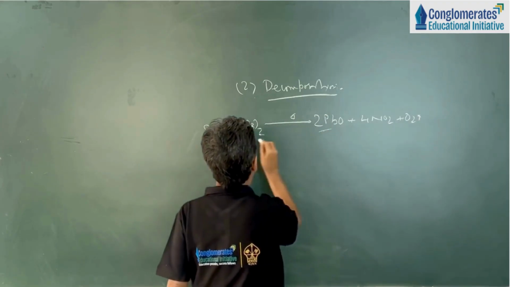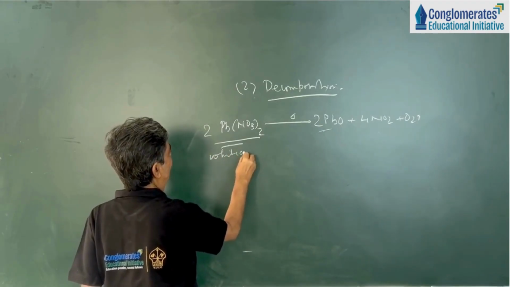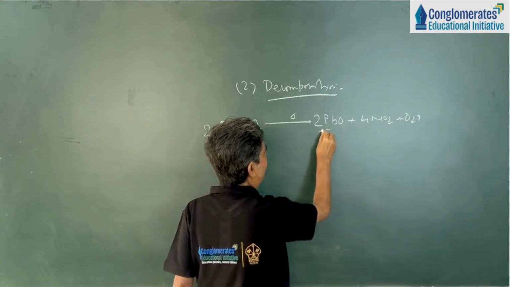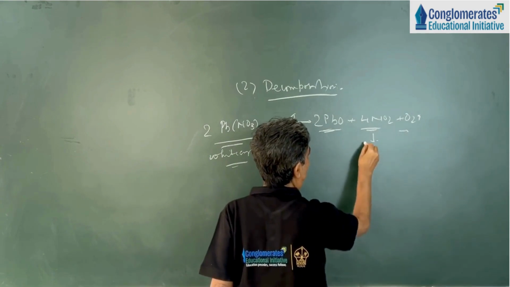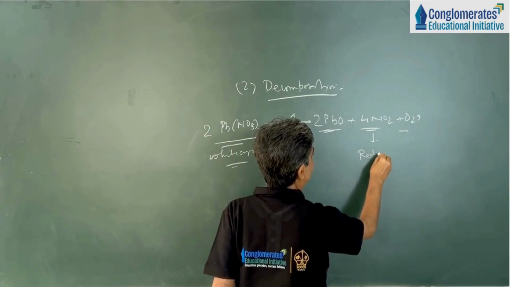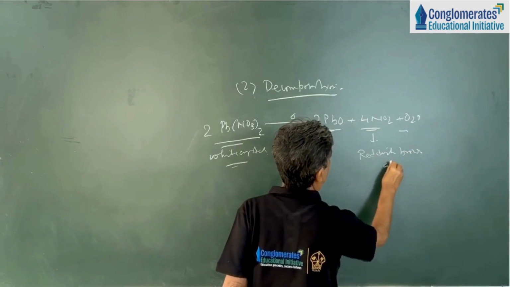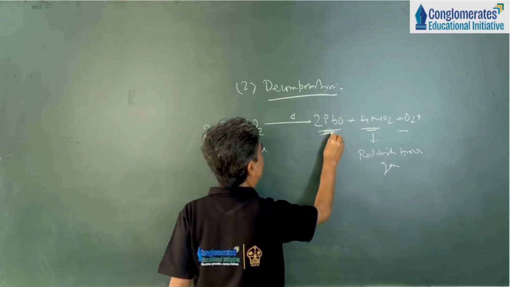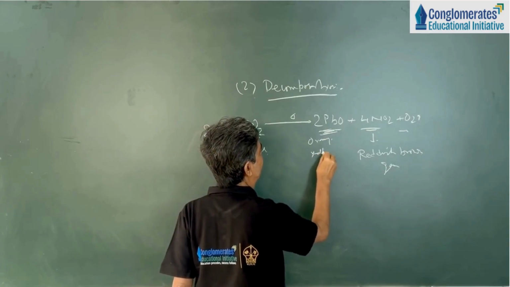Now, lead nitrate is a white crystal. On decomposition, we get lead oxide, nitrogen dioxide and oxygen. Now, an interesting point: this nitrogen dioxide is a reddish brown gas. And the residue, as I already told, is orange when hot and yellow when cold.